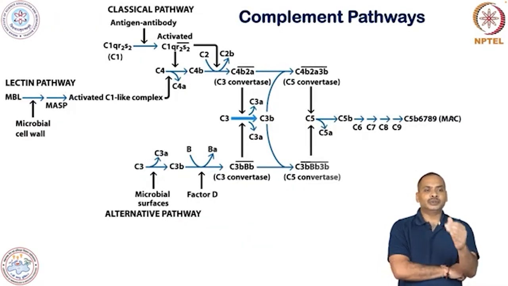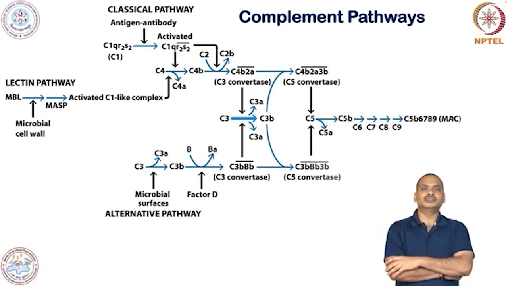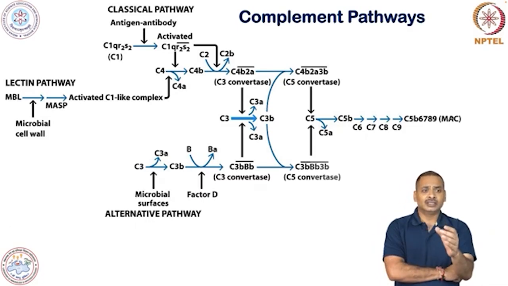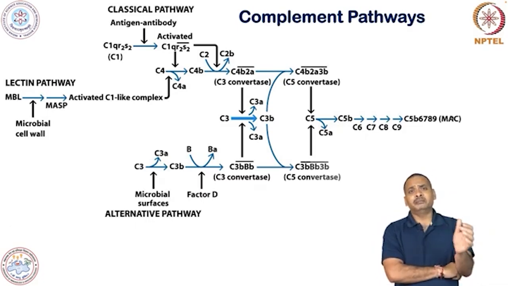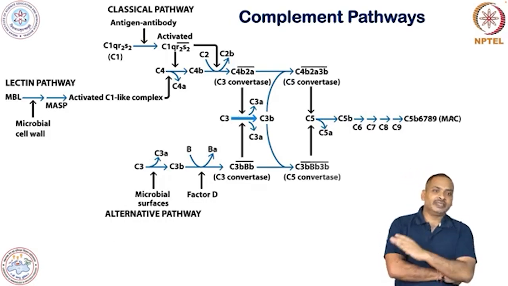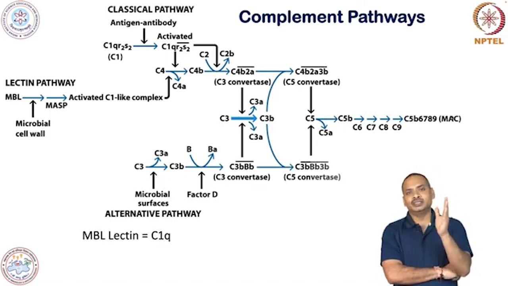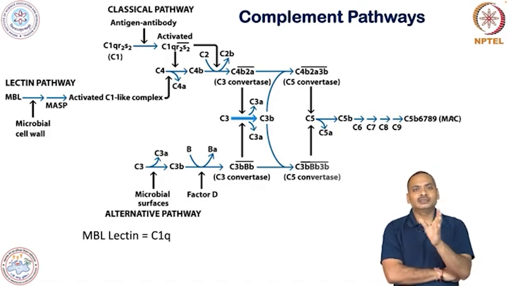So, here you can see the lectin pathway, and this lectin pathway is basically initiated by MBL, mannose binding lectin. If you remember the classical pathway, there is a C1 subtype known as C1Q.